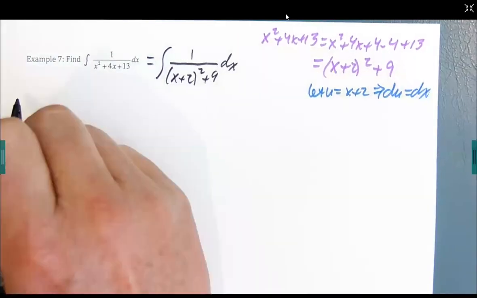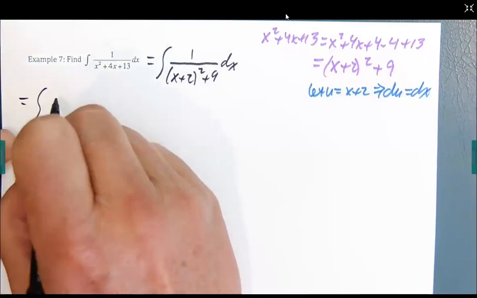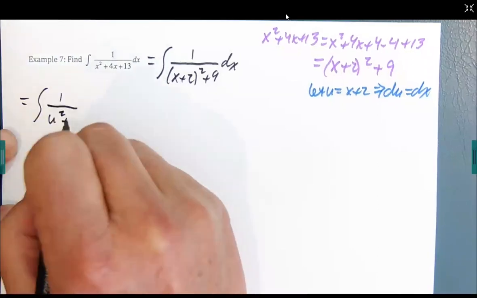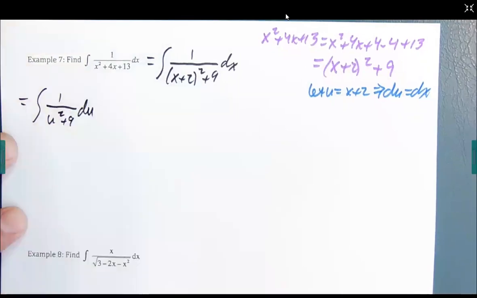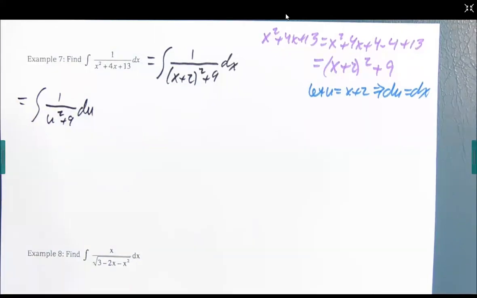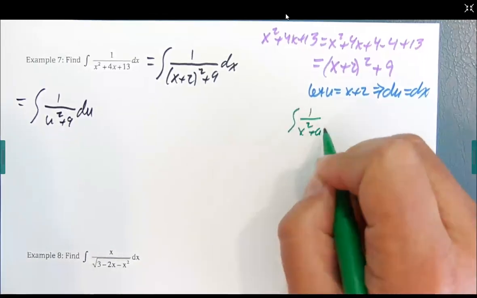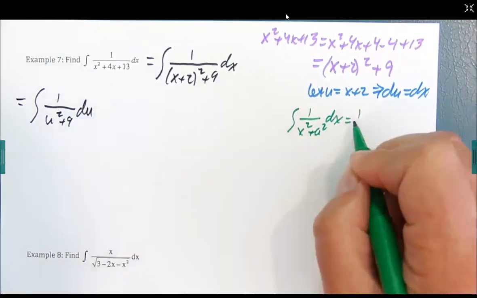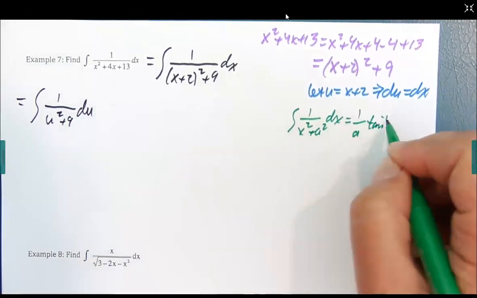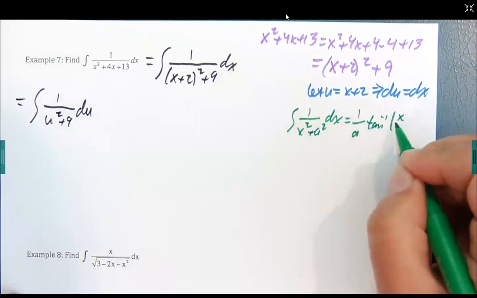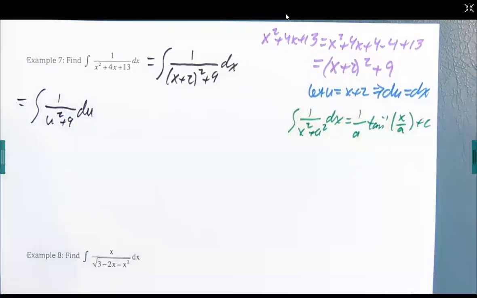So very quickly, we're going to end up with the integral of 1 over u squared plus 9 du. And again, you can see an inverse tangent rule there. We can recall this rule here, that the integral of 1 over x squared plus a squared dx is 1 over a inverse tangent of x over a plus c. But what I'm going to do is set up the triangle to show you where that comes from.